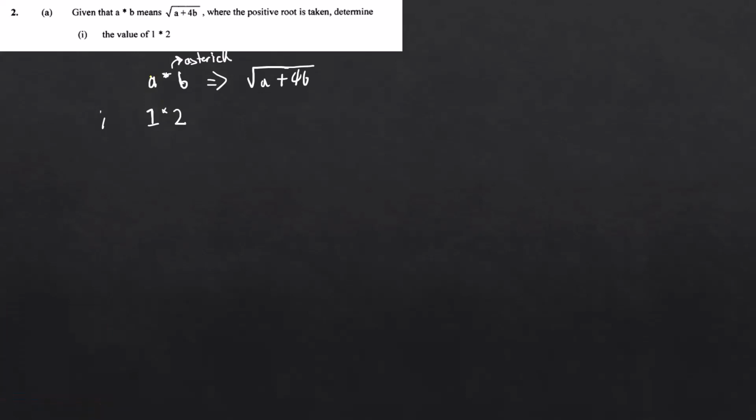So A is first, so the 1 is actually A, and B is second, so 2 is actually B, right? So map these two, and also map it in what it means. So it's the square root of A, which is 1, plus 4B, and instead of B you'll put 2, so 4 times 2.